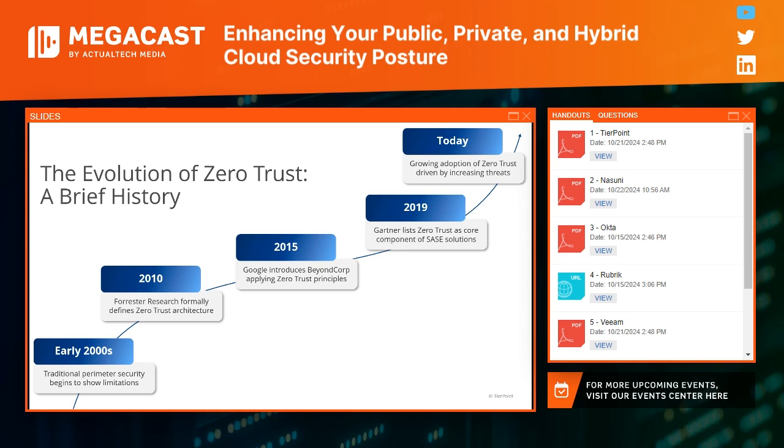A few years later, Google announced that they had implemented zero trust security in their network, which led to a growing interest in adoption within the tech community. In 2019, Gartner, a global research and advisory firm, listed zero trust security access as a core component of secure access service edge solutions.